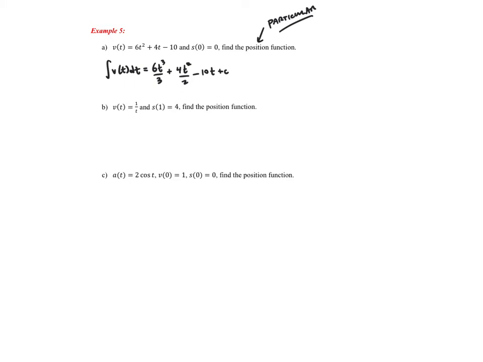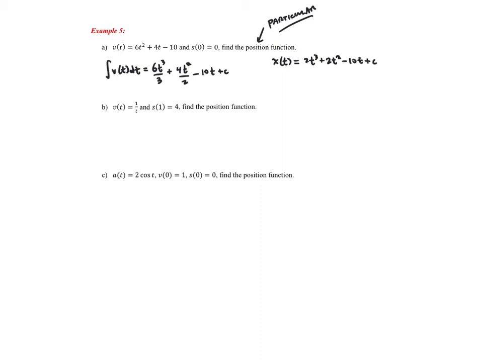All right, now this new polynomial equation is the family of functions for x of t. But since we have an initial condition, actually I'll do a little simplifying here. Let's make this 2t cubed plus 2t squared minus 10t plus c.